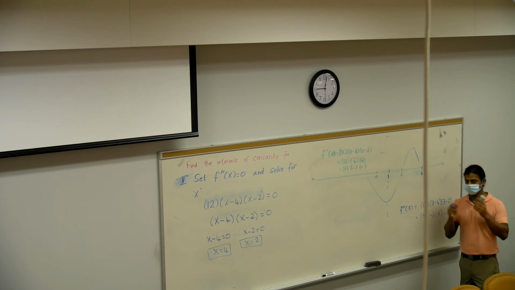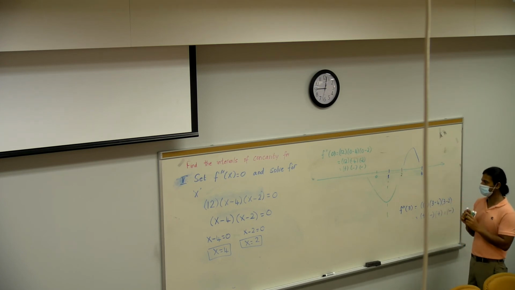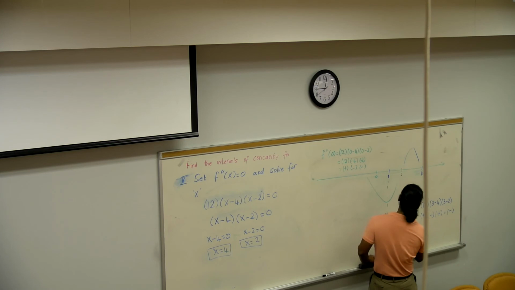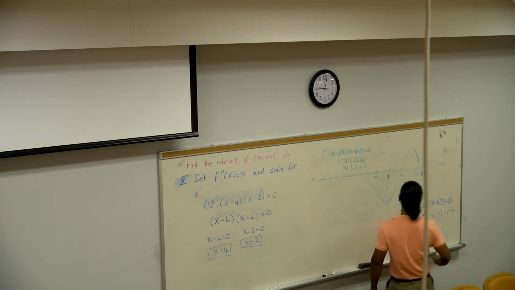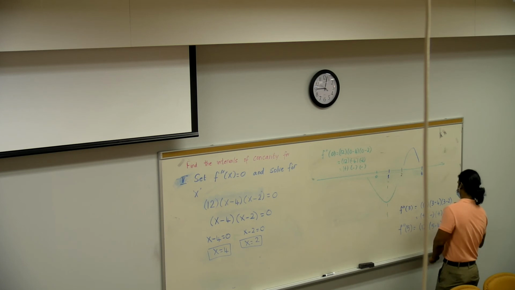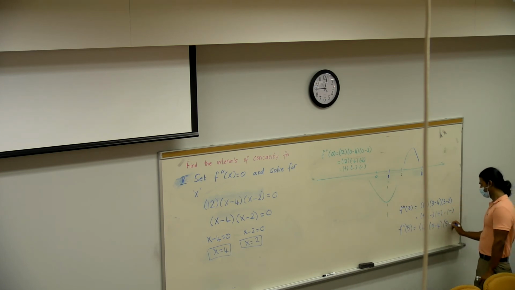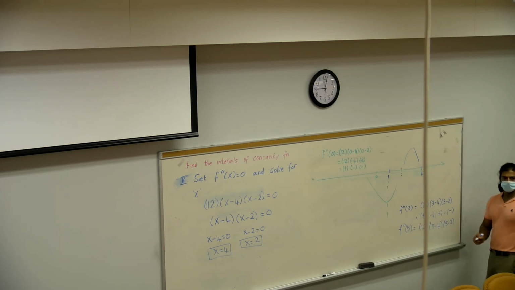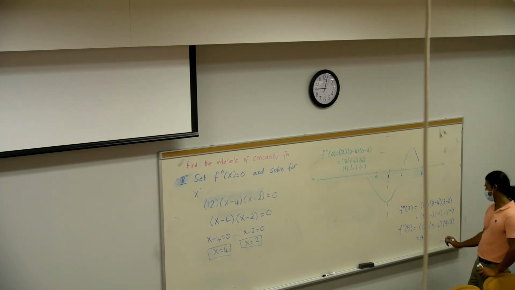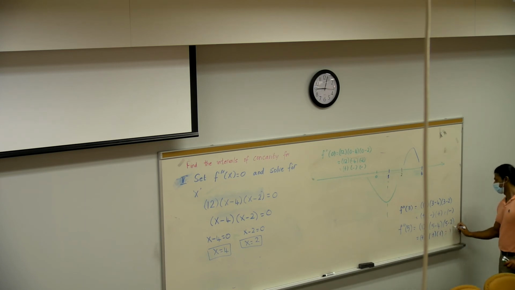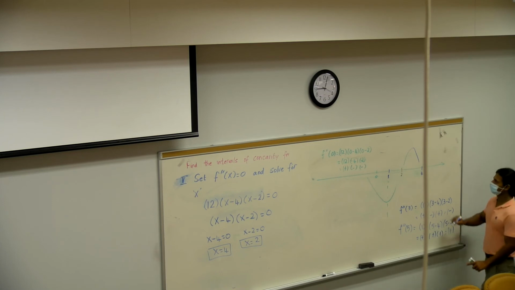We want a change in concavity, so pick an easy number between 4 and infinity. 5. 12 times 5 minus 4 times 5 minus 2. 12 is a positive number. 5 minus 4 is a positive number. 5 minus 2 is a positive number, which gives me a positive number. Yes. So it has to be concave up.